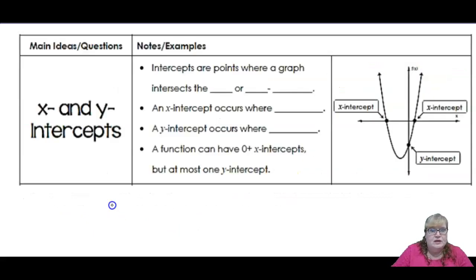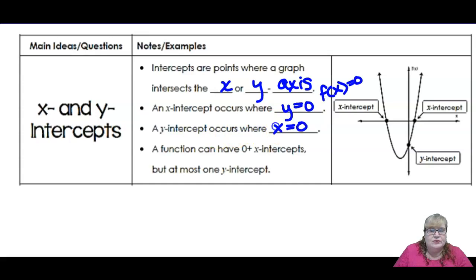All right. So one more time, just to fill in the notes, the intercepts are points where the graph intersects the x or y axis. The x-intercepts occur when y equals 0, or the function itself is equal to 0. And the y-intercept occurs when x equals 0.